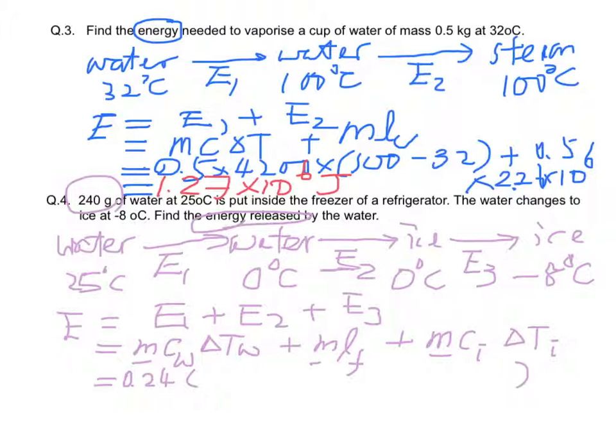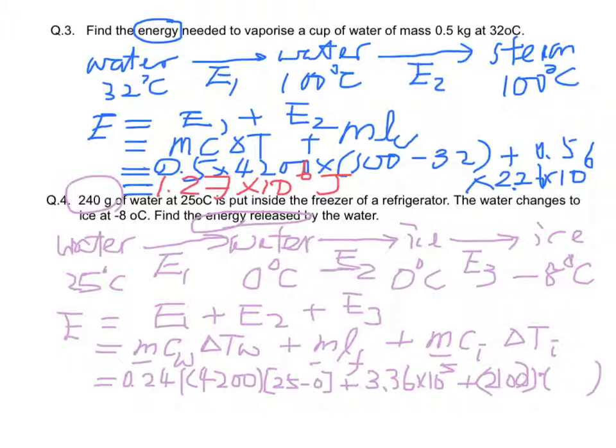Therefore, we have 0.24 times Cw 4200, the change in temperature in water is 25 minus 0, and plus Lf is 3.36 times 10 to the power 5, plus Ci is 2100 times change in temperature in ice, which is 0 minus -8, which is 8 degrees.